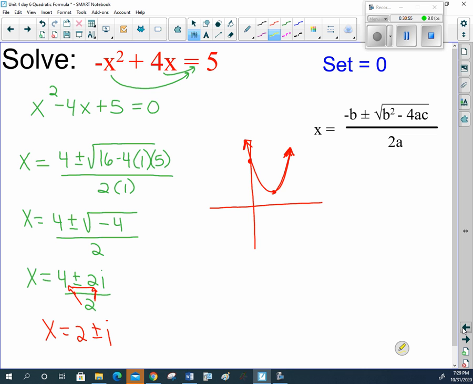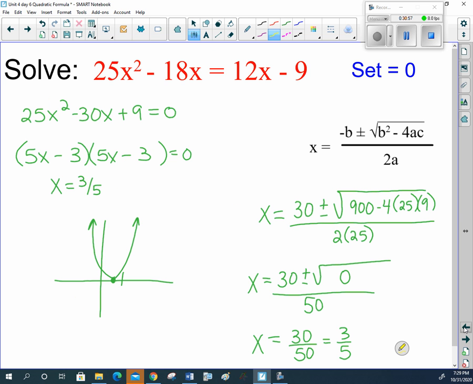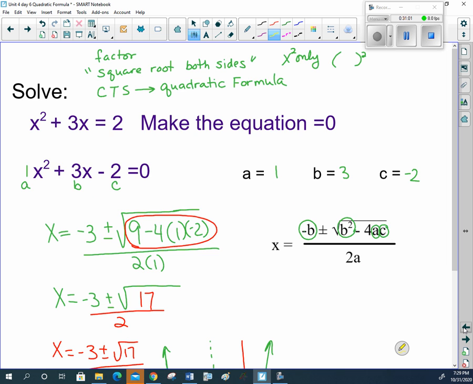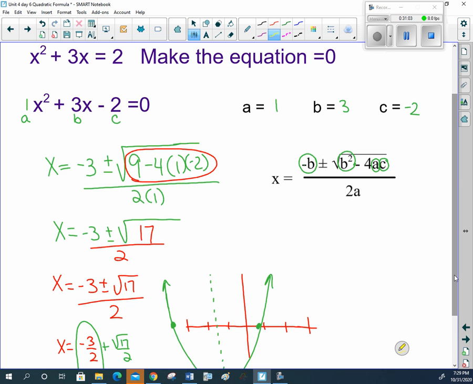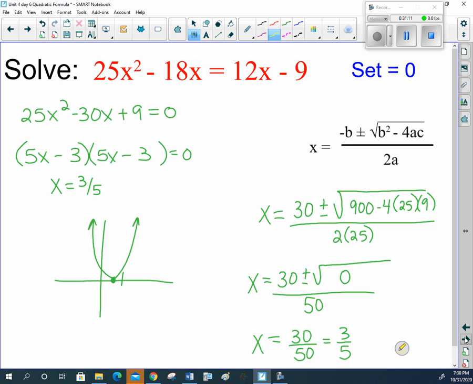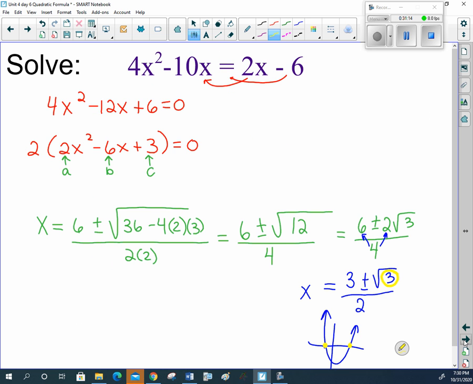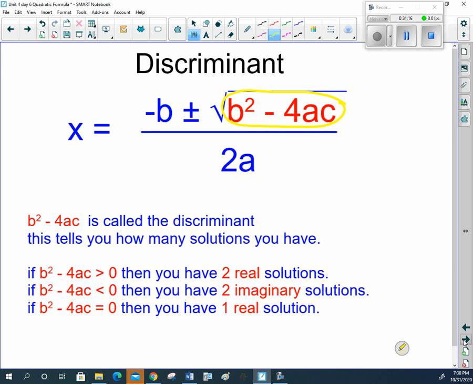Oh, discriminant was a -4. That was not positive. Discriminant on that, 0. Nope. Discriminant here was 17. That's a positive number, and we had 2 zeros. So that's what it's telling you. If your discriminant ends up being a positive number, then you have 2 real zeros.